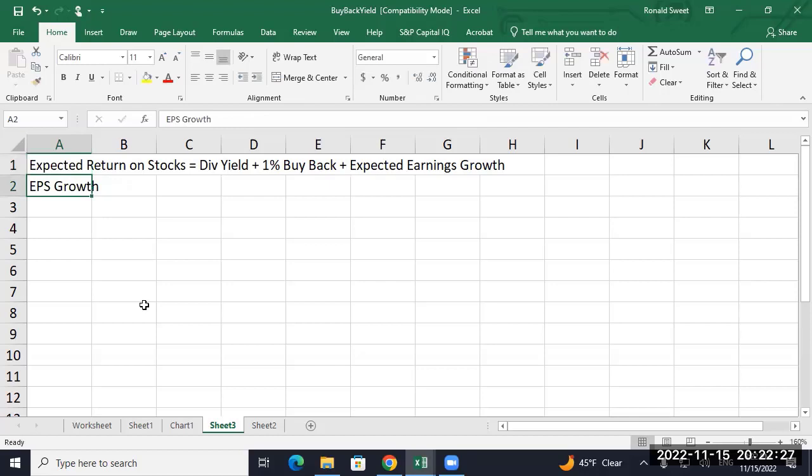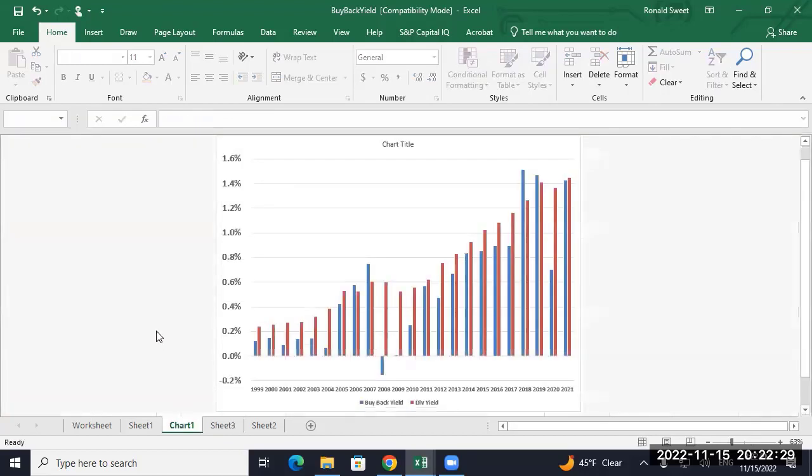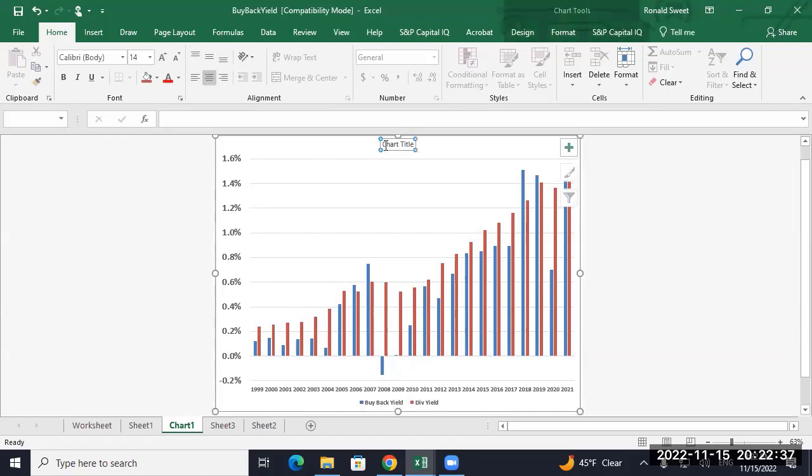All right, so you could put this chart into your paper if you like. I'll put the Excel file out there in case you want to use it. It is the Russell 3000.